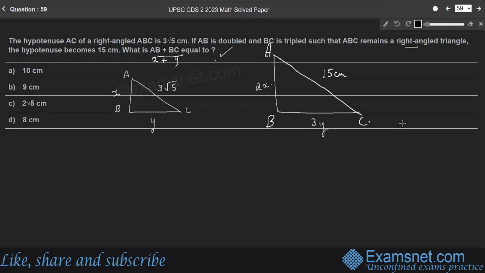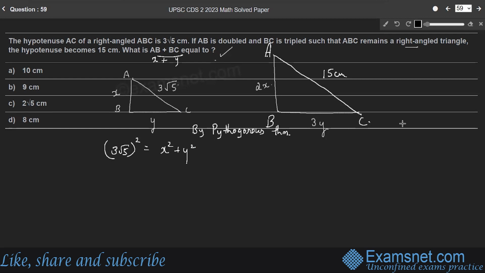In both cases, we use Pythagoras theorem. So 3 root 5 the whole square is equal to X square plus Y square, by Pythagoras theorem: the square of the hypotenuse is the sum of the squares of the other two sides.